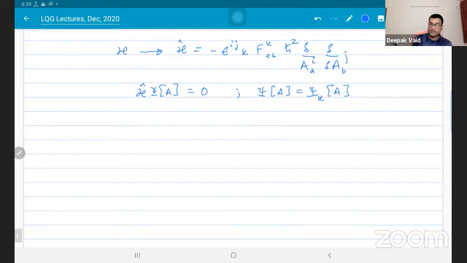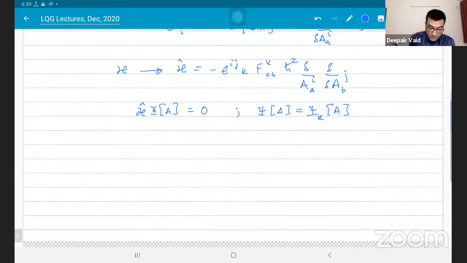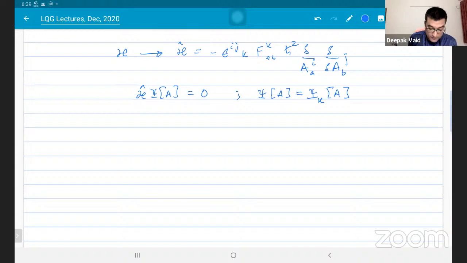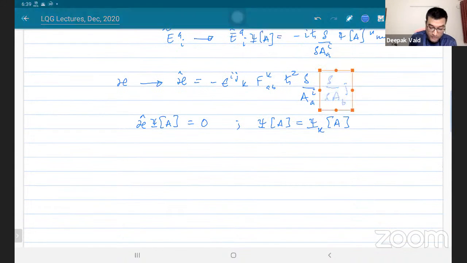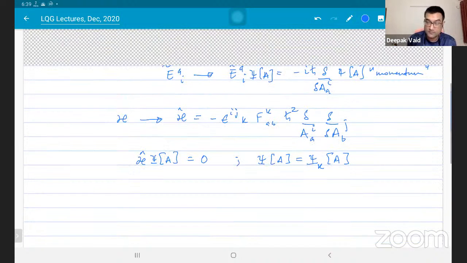And then you take the variation, you get 0, right? So this is solved by this functional. Now, one factor of delta will bring down this thing.